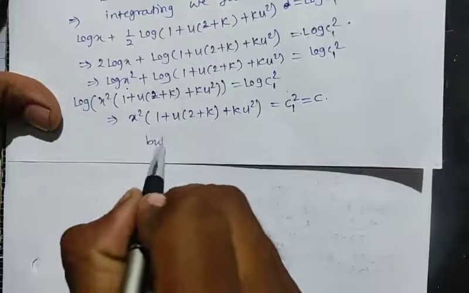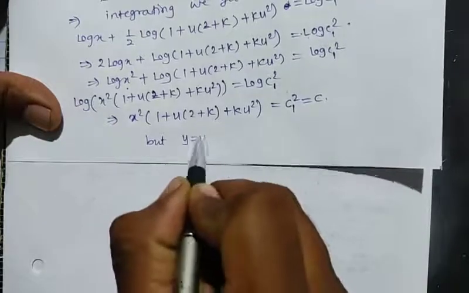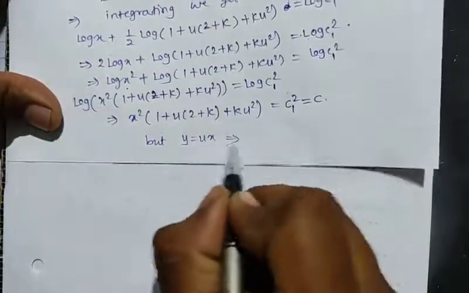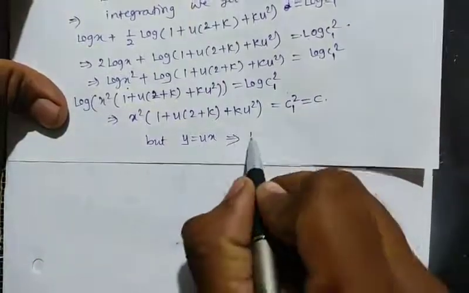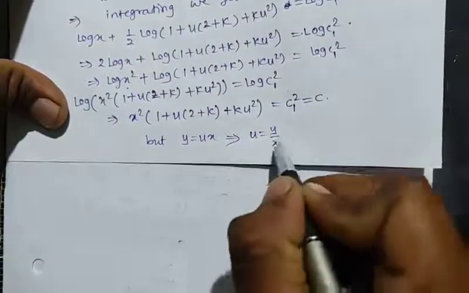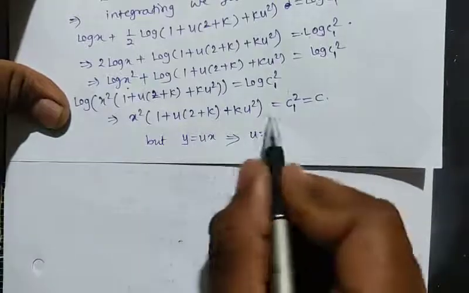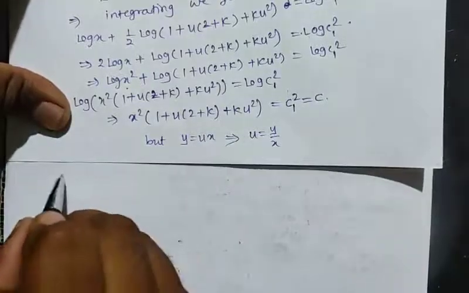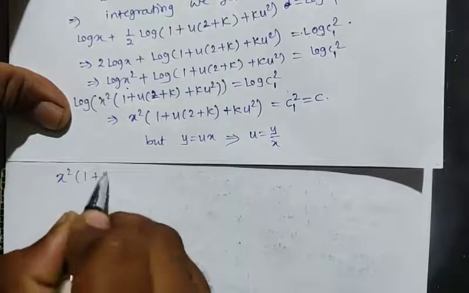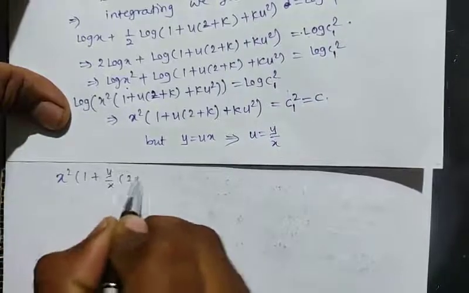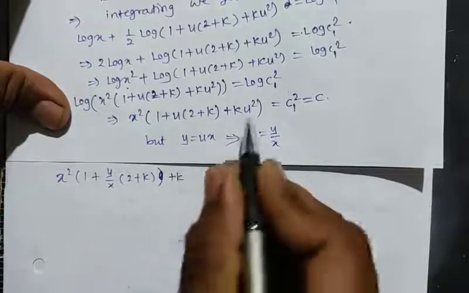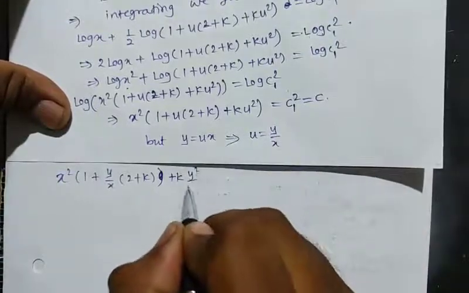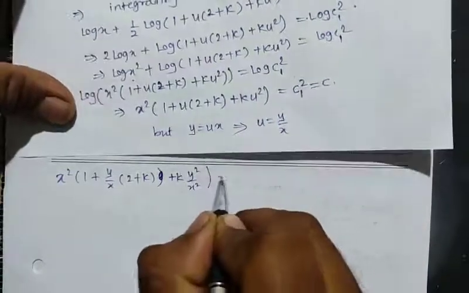But we have the value y is u into x, which implies that u is nothing but y by x. So back substituting this value of u in this equation, we get x square into (1 plus y by x) into (2 plus k u square, which is y square by x square) is equal to c.